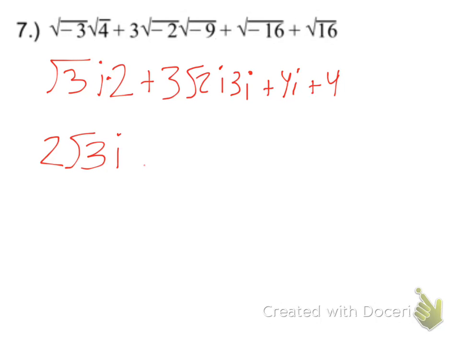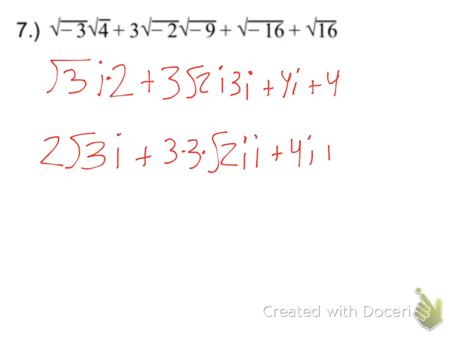Now, I could reorder this one. Maybe we should just reorder first. So that would be plus 3 times square root of 2i, correct? And the next one is plus 4i.